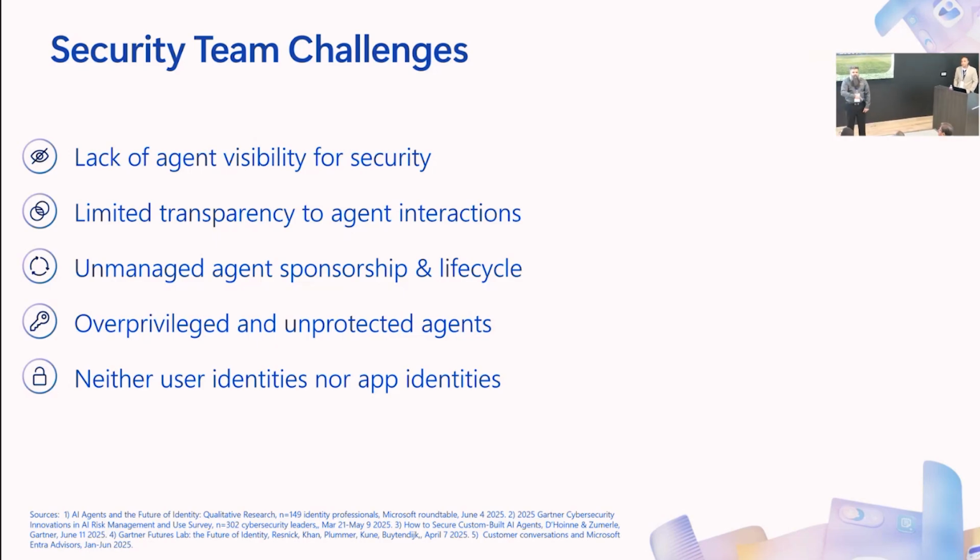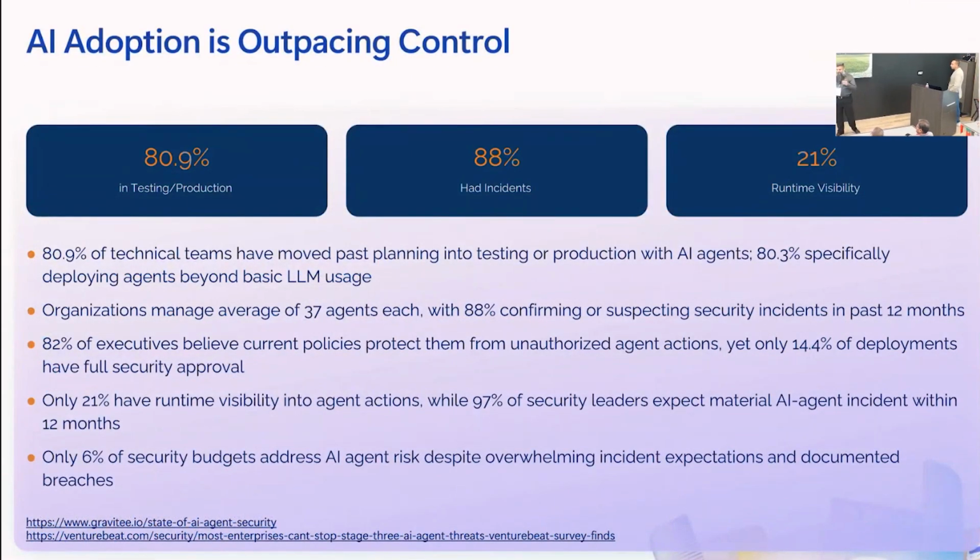Overprivilege leads to data leakage and data poisoning. And we need to give the agent an identity, otherwise there's no way for us to put all these controls in. And let's face it, AI adoption is outpacing control. The business wants to roll out AI as fast as possible, and now security is once again a bottleneck. We don't want that to happen.